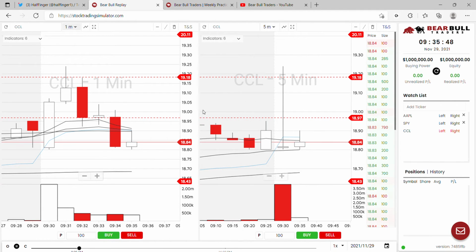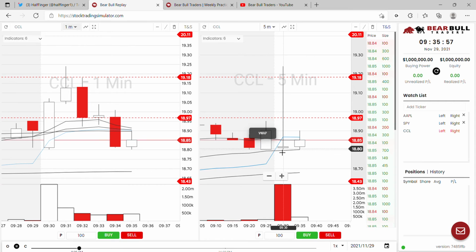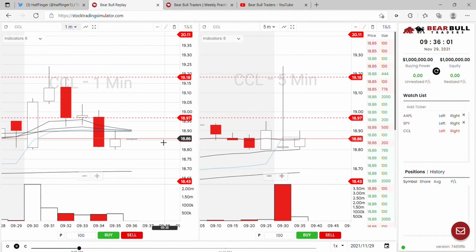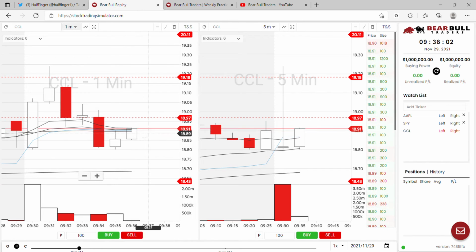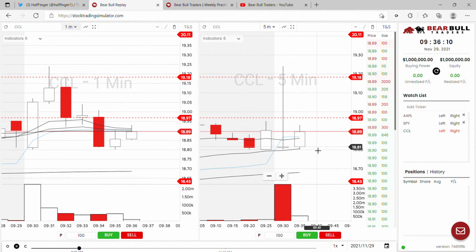And what makes me want to do that is because we're under all these moving averages and this big reverse hammer on the 5 minute, which shows a lot of weakness. So it shows that it didn't have any juice to push through. So let's see here now. Tries to go above. Tries to push through.